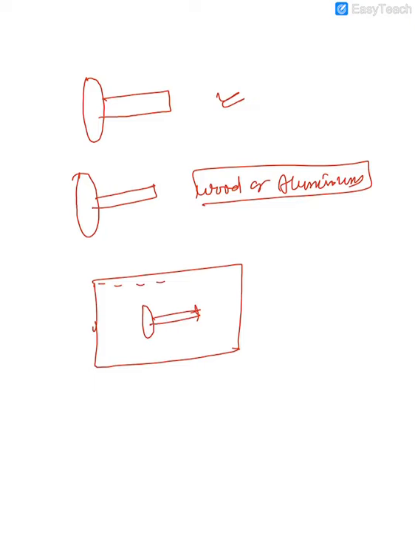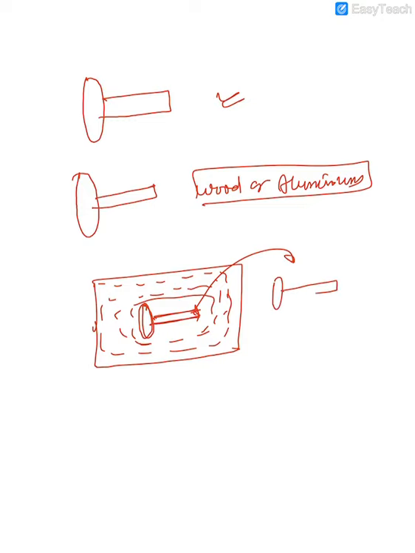Then we will ram the sand around it till the sand gets a cavity of the same shape as the pattern. Then we will remove the pattern and the sand will have the same shape as the pattern.